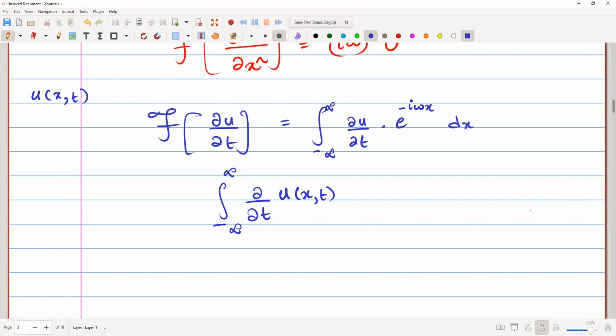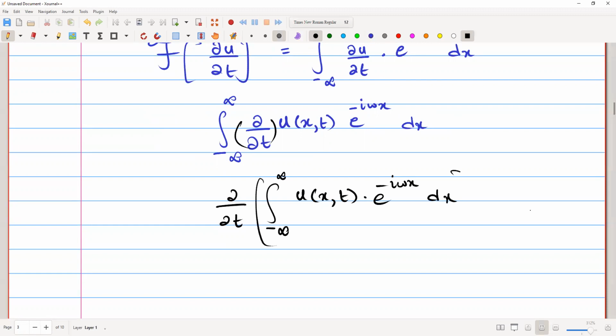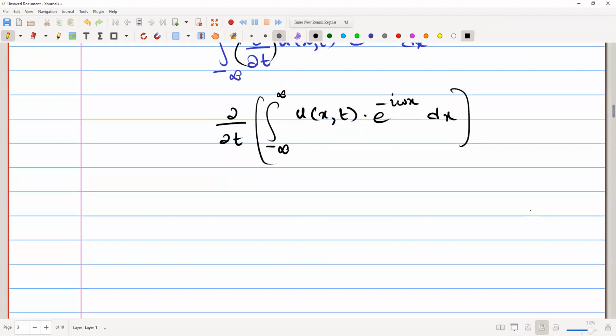So if it's u of x comma t times exponential negative iota omega x dx, then we can simply exchange these operators, the integral and the differential operator. So we can move this operator outside, and this will be negative infinity to infinity u of x comma t times e to the power negative iota omega x dx, and this we already know is nothing but a function of omega, right?